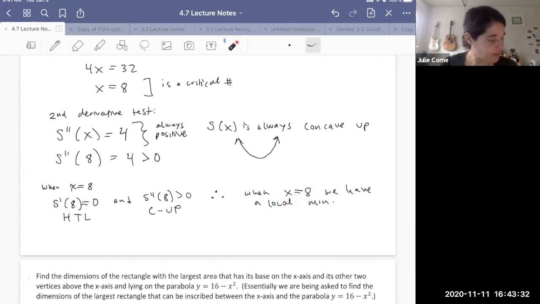Well, if x is 8, then what does y have to be? It also has to be 8. So the two numbers that will give us the smallest sum of squares are 8 and 8.